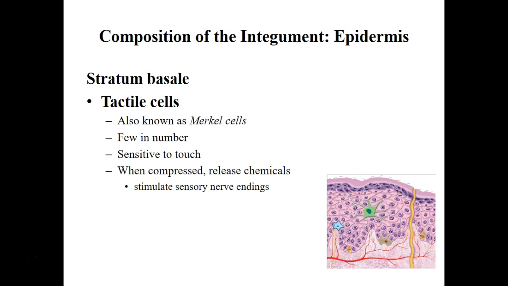Tactile cells, known as Merkel cells, are your pressure cells that detect stimulus whenever we have any pressure put on our skin, or if the skin changes, has any pain associated with it.